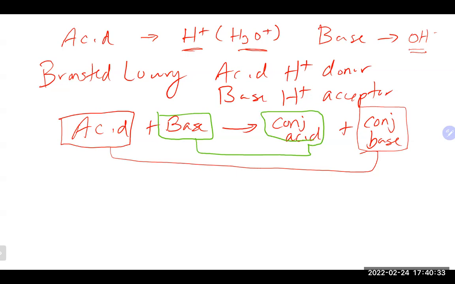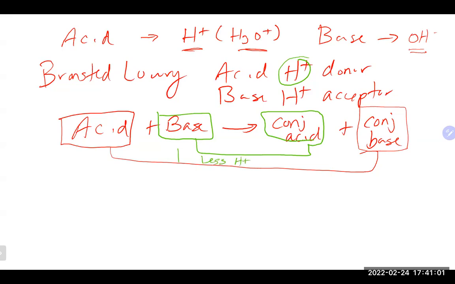The important thing is, as we talked about, we're talking about a donation of just one H plus always. That's what ties these guys together. The only difference there can be in order for them to be related to each other has to be only one H plus. In the case of an acid, because it's going to be donating the H plus, the conjugate base will have one less H plus.